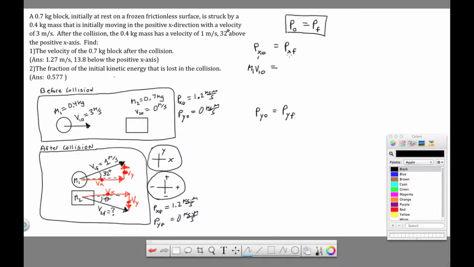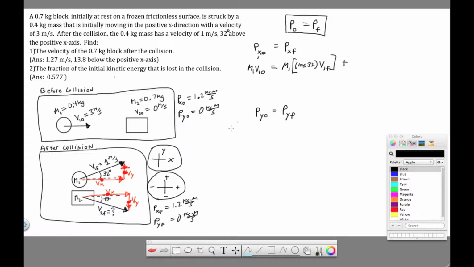Now, after the collision, we have two x momentums, so we're going to have to use some trig here. Let's start with the x momentum for m1. The x momentum for m1 is going to be m1 multiplied by cosine 32 times v1 final. v1 final is 1 meter per second.